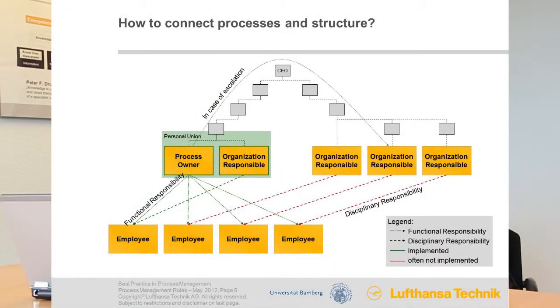That's the way we deal with the problem of the separated responsibilities, both on the functional side and the disciplinary side. Yeah, but I think this picture is a little bit older, about a year old, and this is our current status about this challenge.